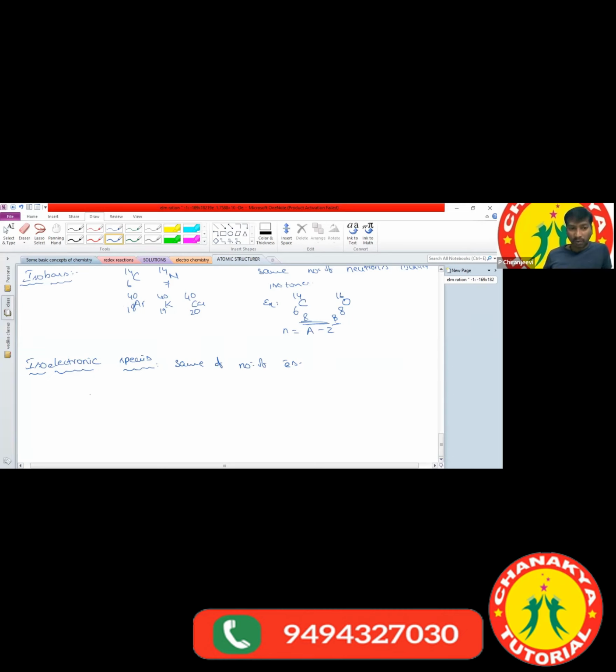Okay, for example: sodium Na plus, Mg plus 2, Al plus 3 and neon. The number of electrons present in neon, how many electrons are there? 10 electrons.